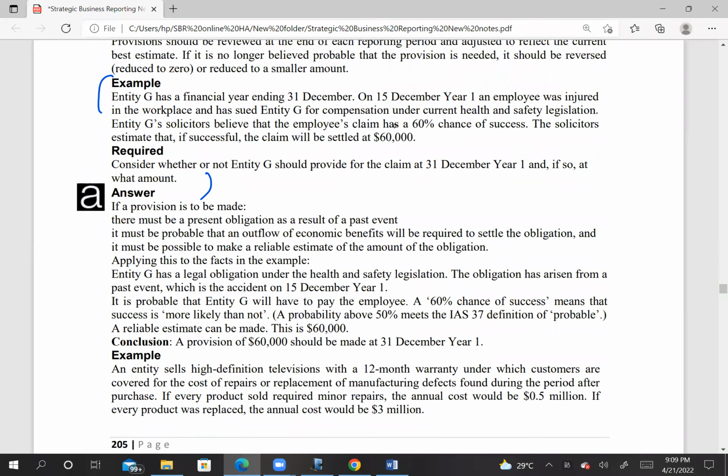So a provision of 60,000 will be recognized because it is a single outcome and the lawyer is telling us that there is 60% chance that we will lose the case. So it is probable that the fine or compensation will be imposed. So a provision of 60,000 will be recognized.